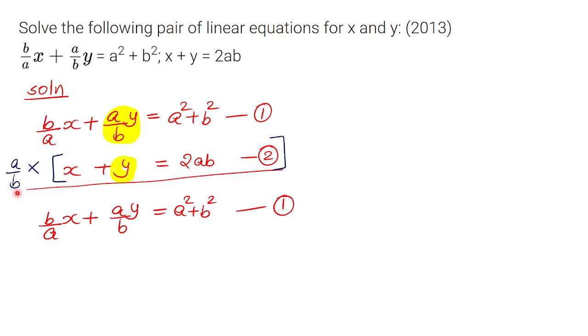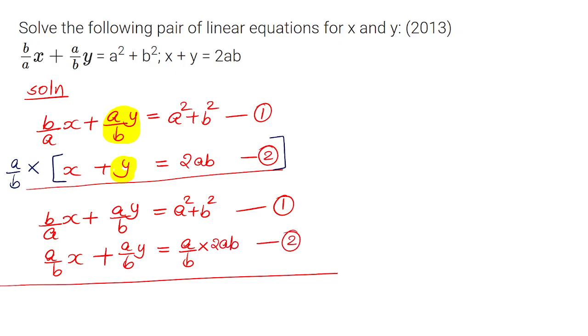The second one is multiplied by a by b: a by b into x plus a by b into y equal to, right side will be a by b into 2ab. Now a by b into y, a by b into y, they are identical.